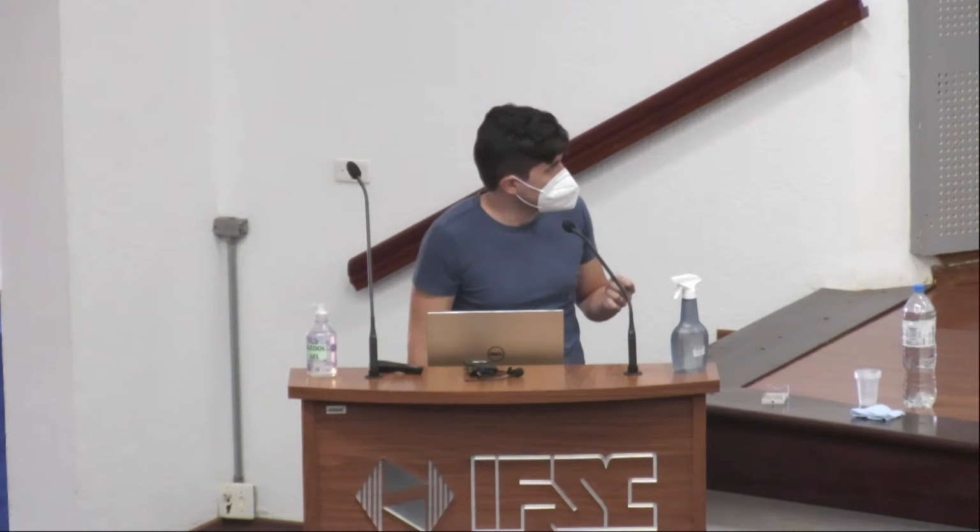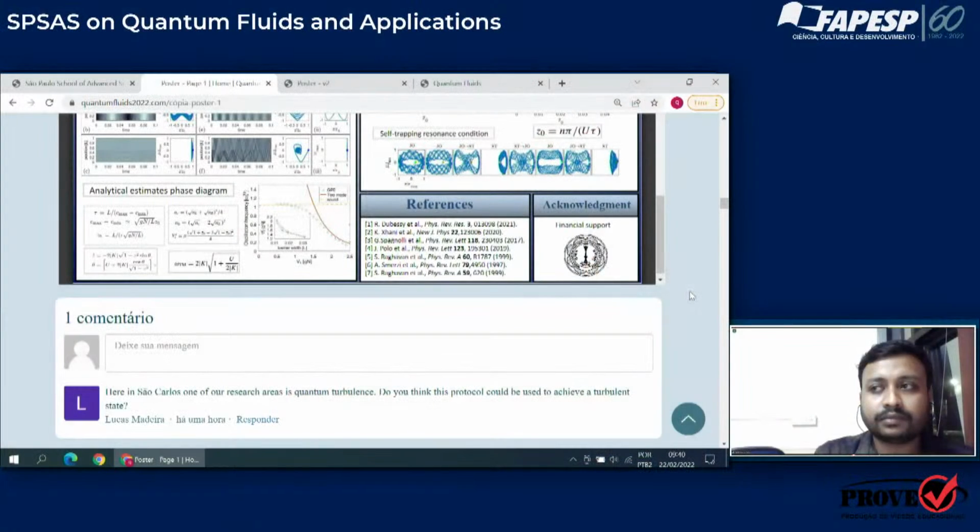Do you think that is the case in your work, or is the fragmentation of the condensate state negligible? Yes, I think because in the second case, when the quench is considered, we initially consider a very high barrier height so that the two BECs are decoupled from each other.